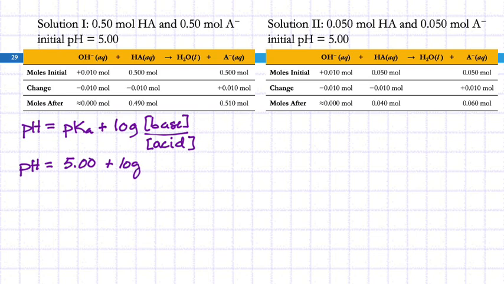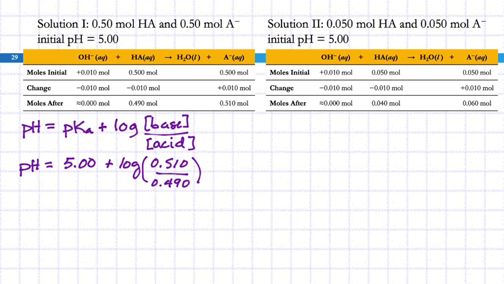And the base concentration divided by the acid concentration is going to be the same as the ratio of their moles because the volumes are the same and they would cancel out. In this example, because we have 1 liter, the concentrations and the moles and the molarity are the same anyway.